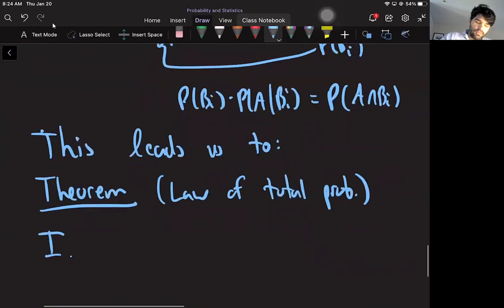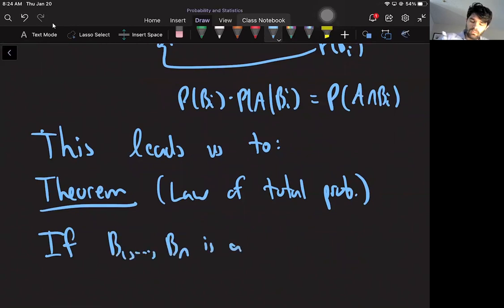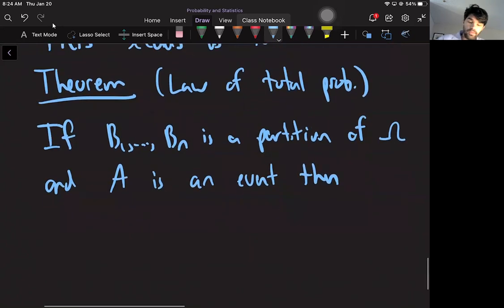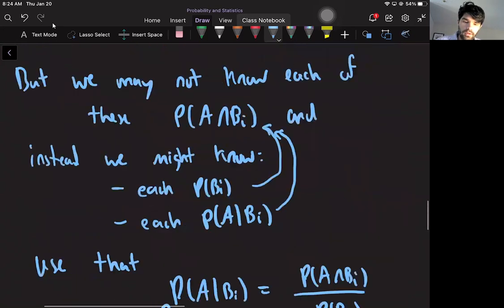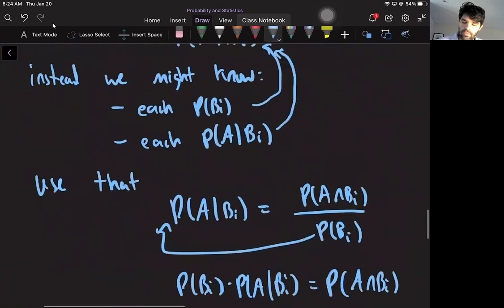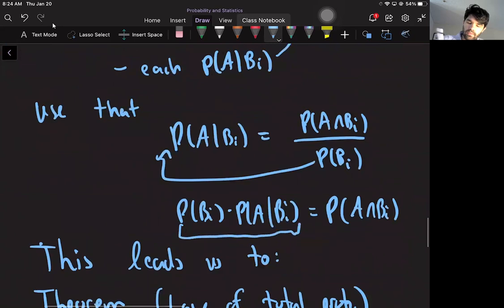So if we have a partition of omega, and A is another event, then you can write the probability of A as, so instead of doing the intersections, what we're doing from up here is we're replacing each of these intersections with this multiplication here.